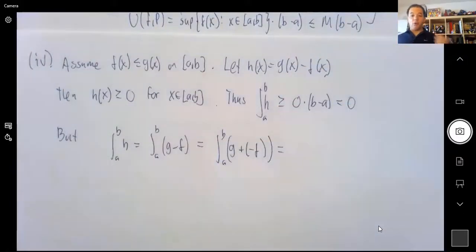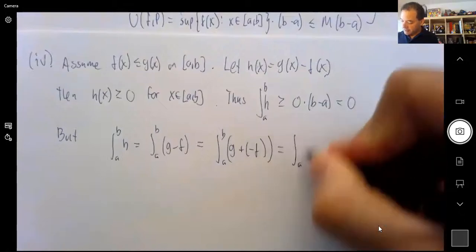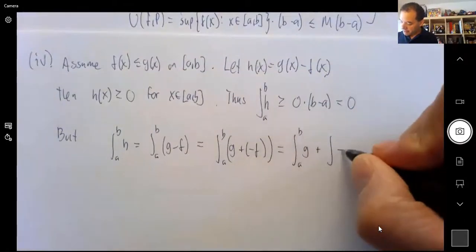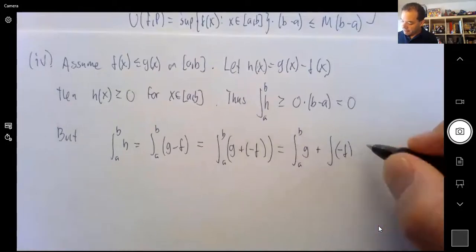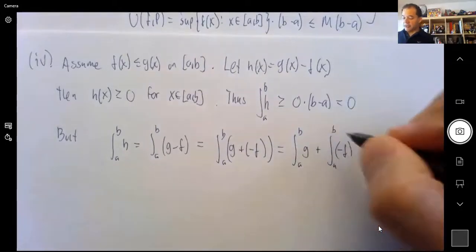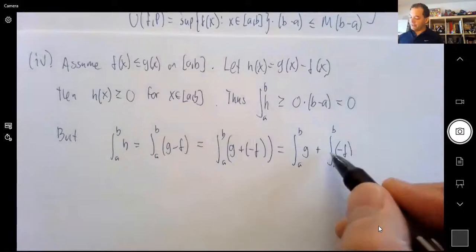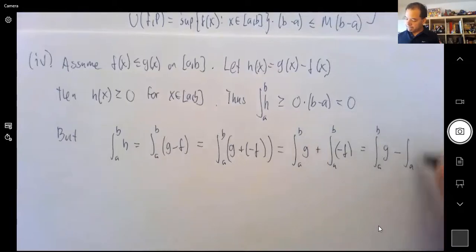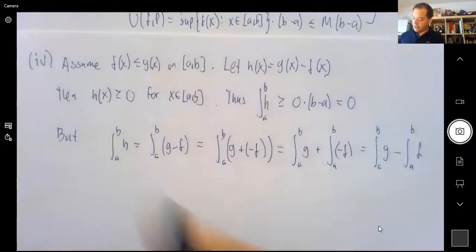And by property 1, the one that I didn't do, the one that is homework for you, the integral of the sum is the sum of the integrals. So this is the integral of g plus the integral of negative f. And by property 2, we can take constants out, so I can take this negative 1 out. And so I have that.